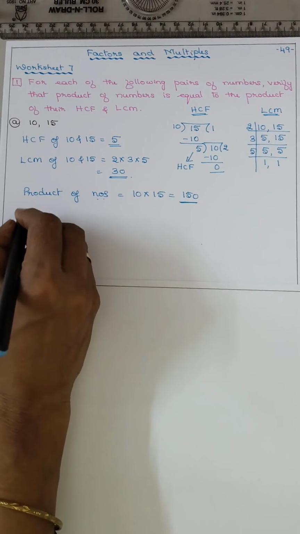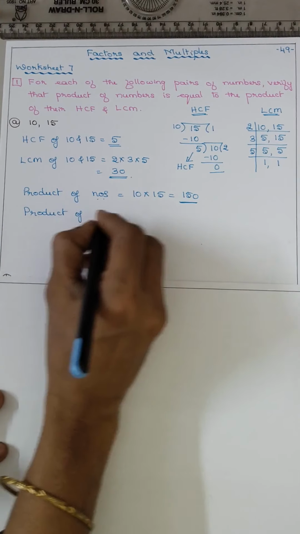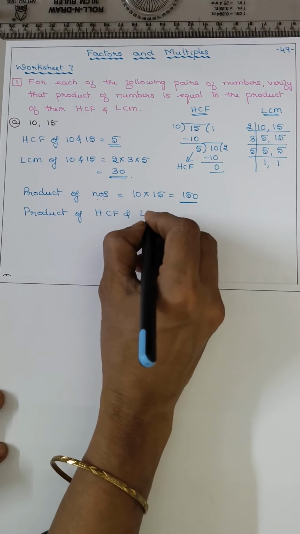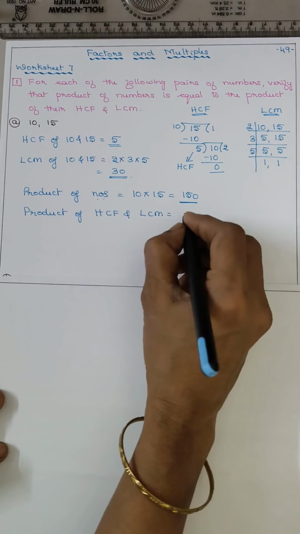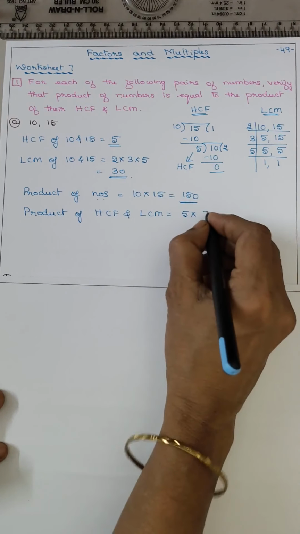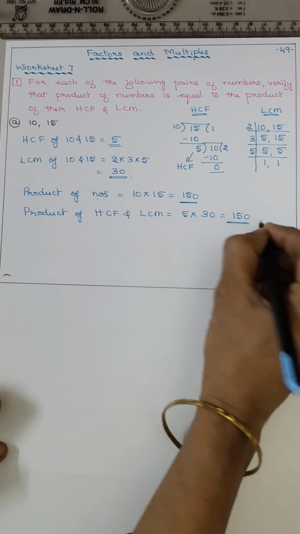Product of their HCF and LCM: HCF is 5 and LCM is 30. 5 3s are 15 and 0.